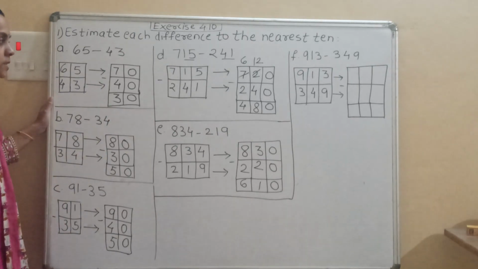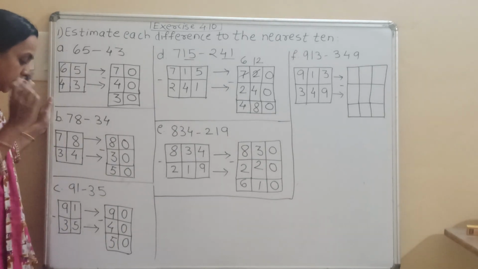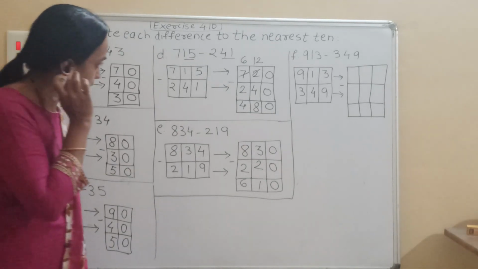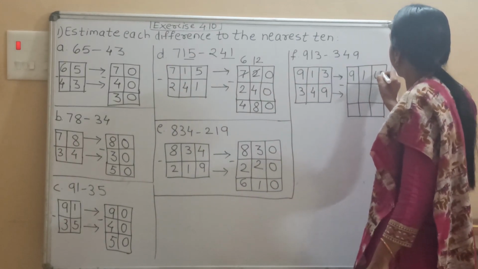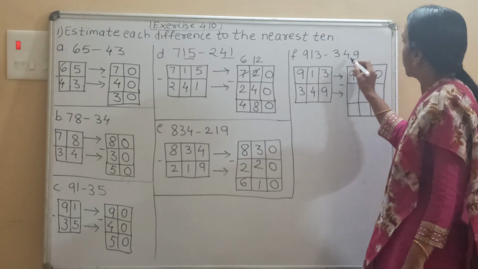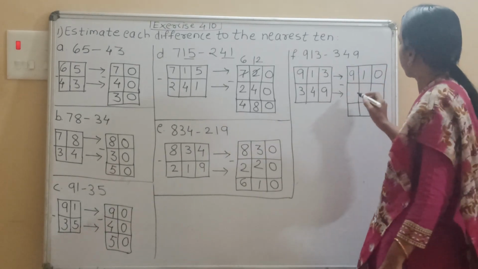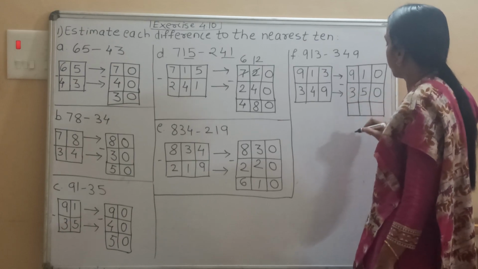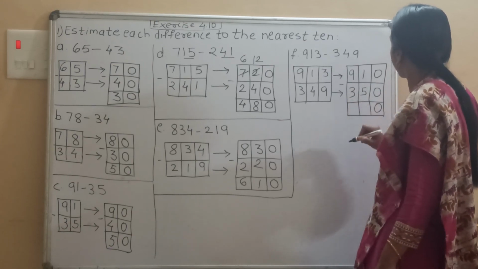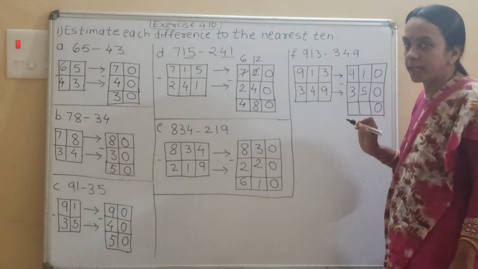Now see F question. 913 minus 349. So 913, that is very much closer to 910. Minus 349 is very much closer to 350. So now do the subtraction. 0 minus 0, 0. 1 minus 5, is it possible?